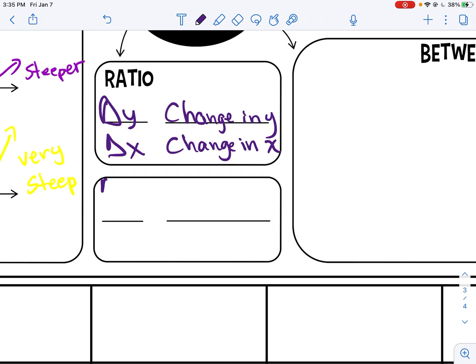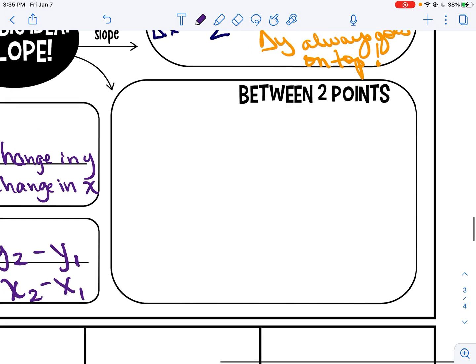Sometimes you'll hear this said as m equals rise over run, which is still the change in y over the change in x. When we talk about it as a formula, though, we say y2 minus y1 over x2 minus x1. So we're going to do that now. We're going to look at a couple of points.